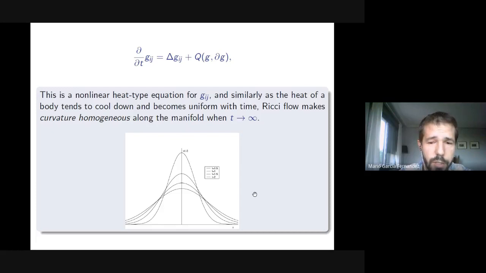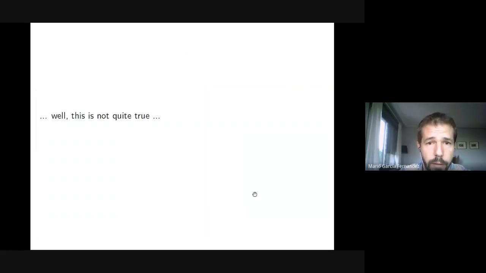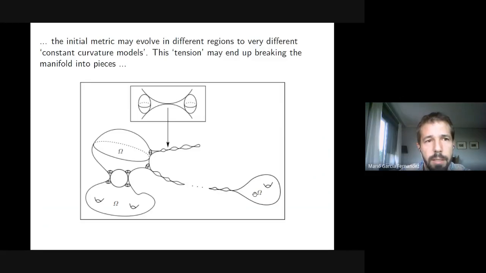Well, this is almost correct, but what may happen is that in different regions of the manifold, the metric may evolve to very different constant curvature models, and this ends up breaking the manifold into pieces. This is the typical picture of Ricci flow with surgery developing singularities.